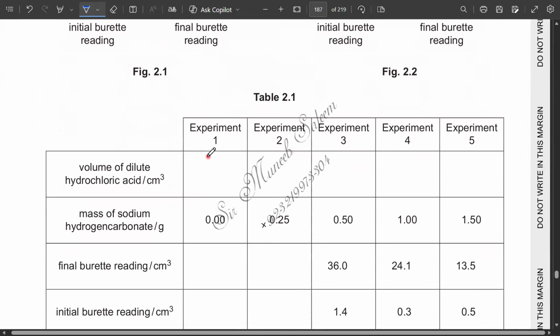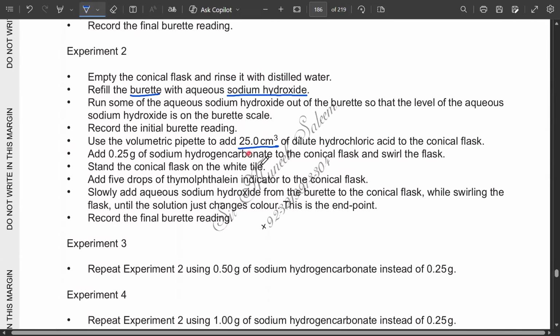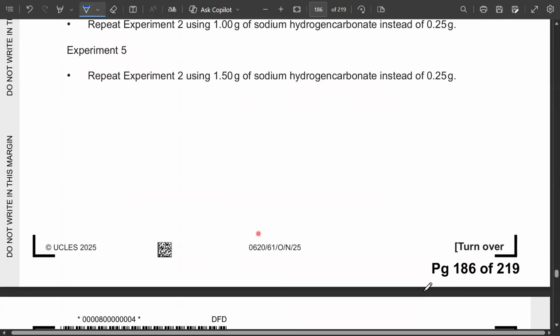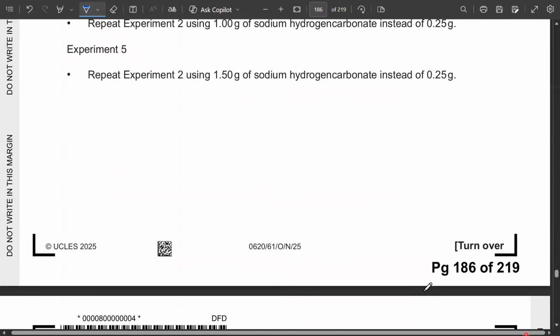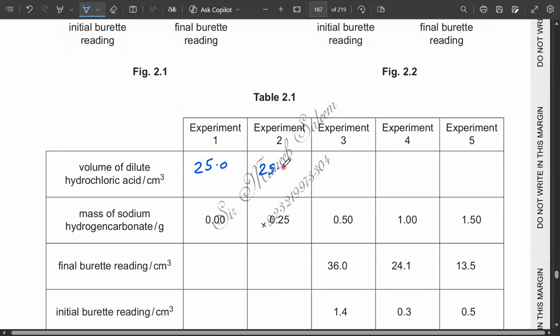So we will write here the volume of the hydrochloric acid. That will always be 25.0 cm cube because we are using the pipette, so it has 1 decimal point as well. So keep that 1 decimal point maintained in all the experiments. So 25.0 in all the columns.